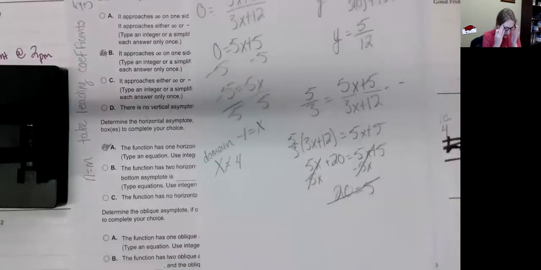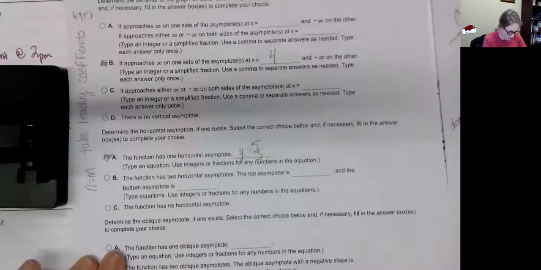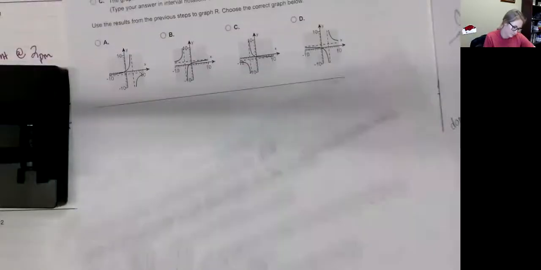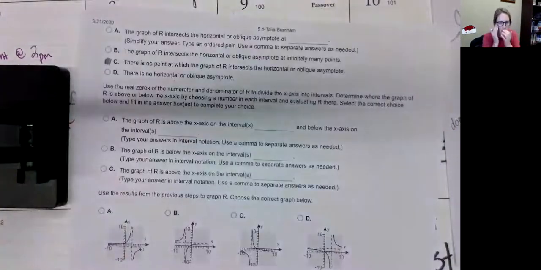So it does not intersect. No, there is no point at which, because there is a horizontal asymptote, it just doesn't get intersected. So be sure you pay attention to that.